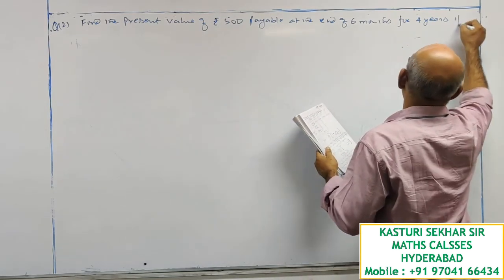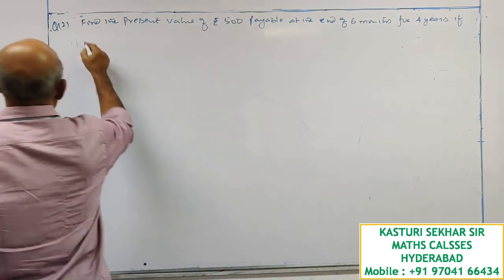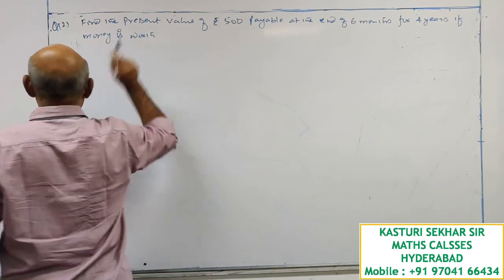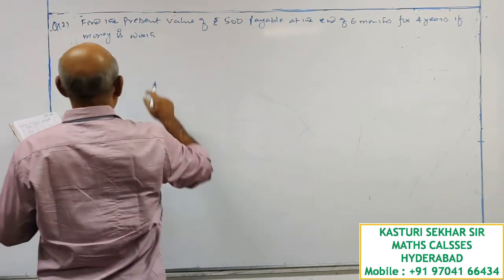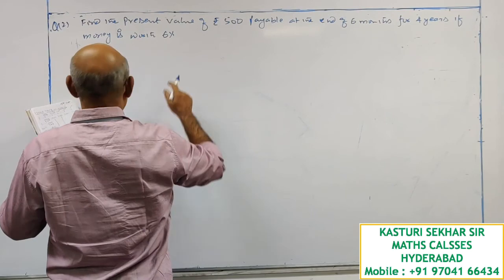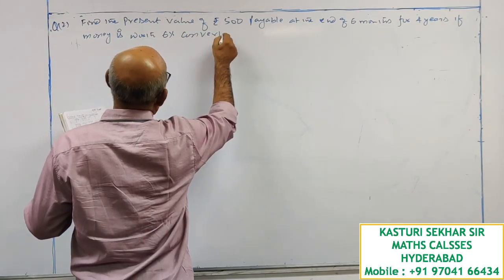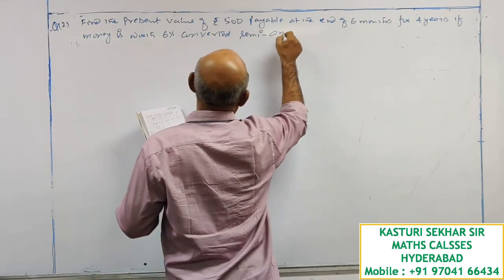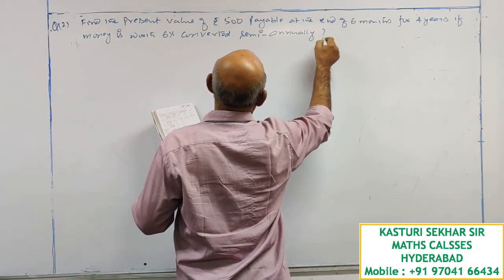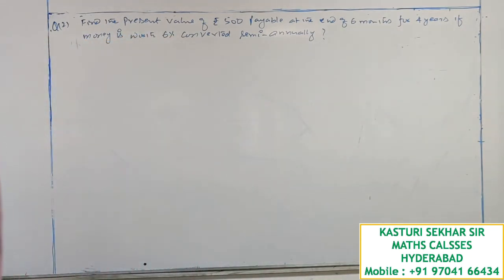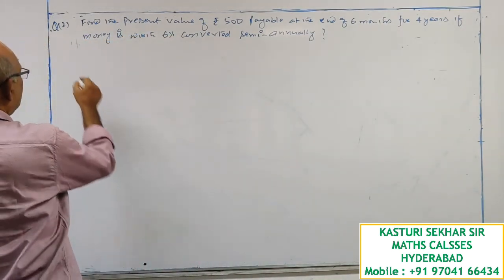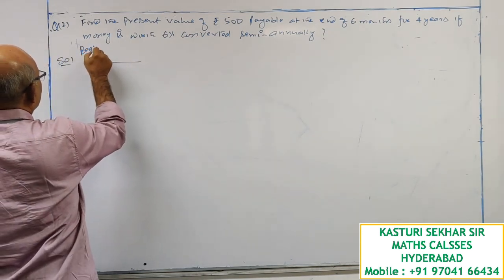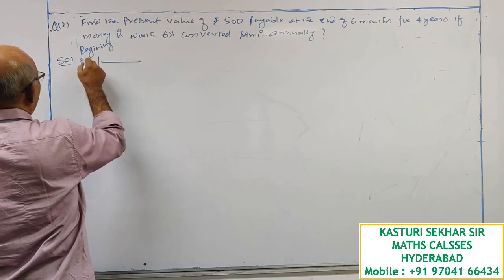If money is worth 6% converted semi-annually, this is beginning of first year.